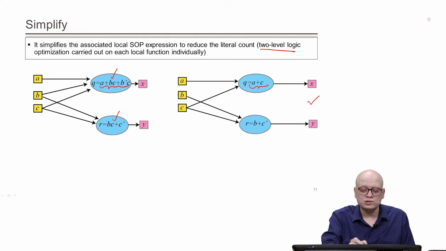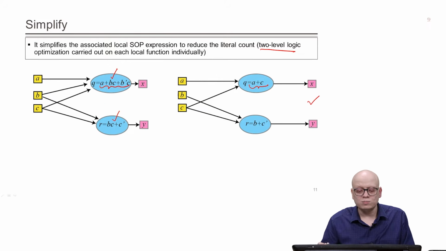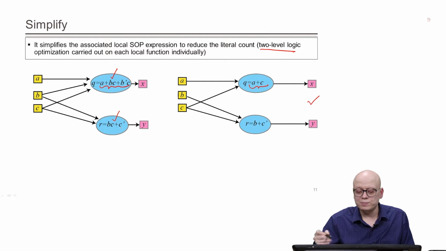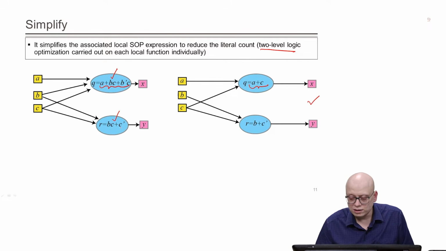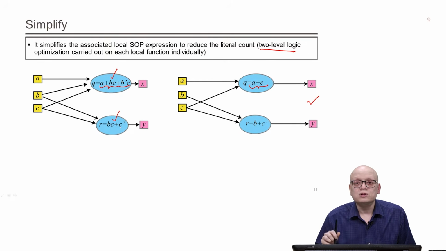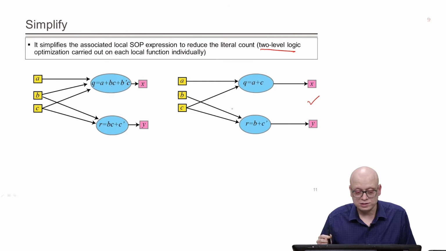It is very easy to see because we have B and B bar, and we can take A as common, and so it will become A and A plus C. And here also there is C plus C bar, and therefore we can eliminate one C, right, applying the property of Boolean logic, right. So the local function was optimized in this case, in the function simplify.